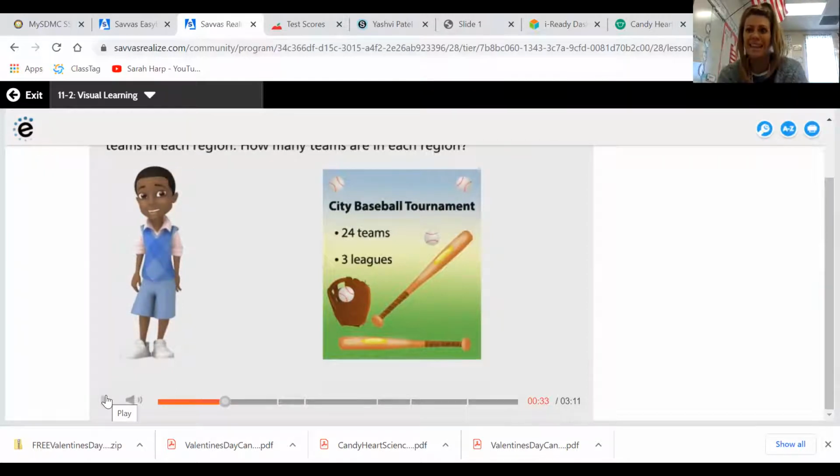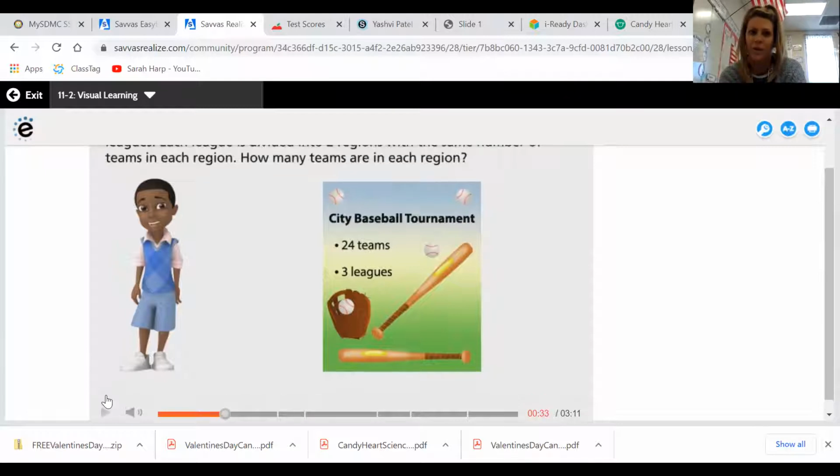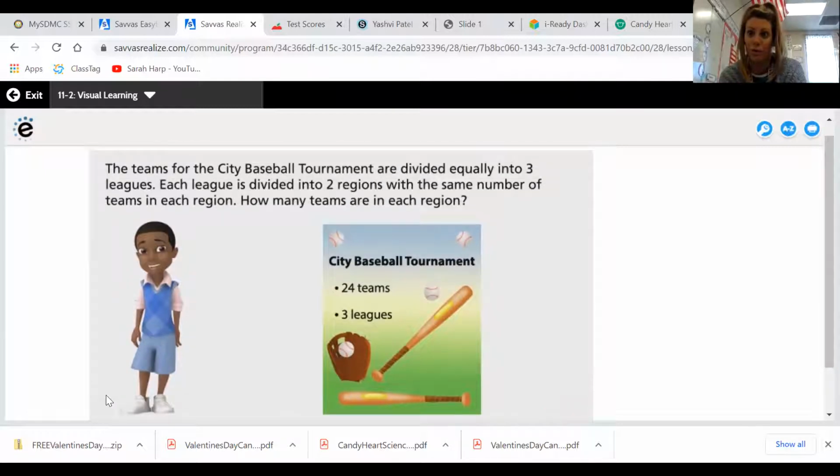So there's a lot of information there. When we do this on our own or when we do it together, it sometimes takes me, so I'm sure probably you too, a couple times to reread it and think what they're really asking, okay? So let's just reread it together before we finish the rest of the video. The teams for the city baseball tournament are divided equally into 3 leagues.